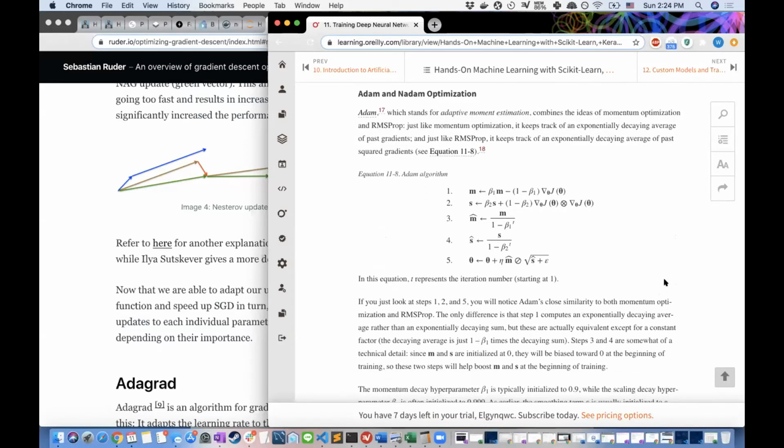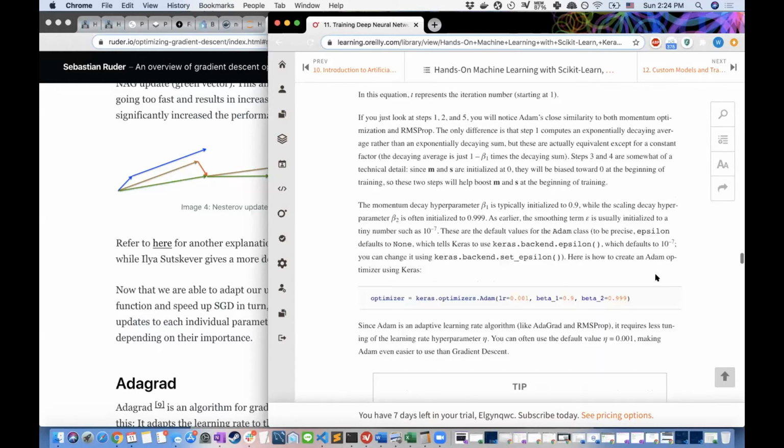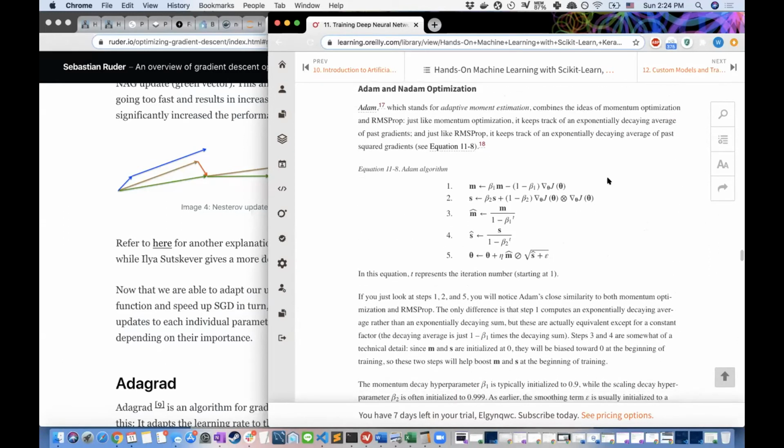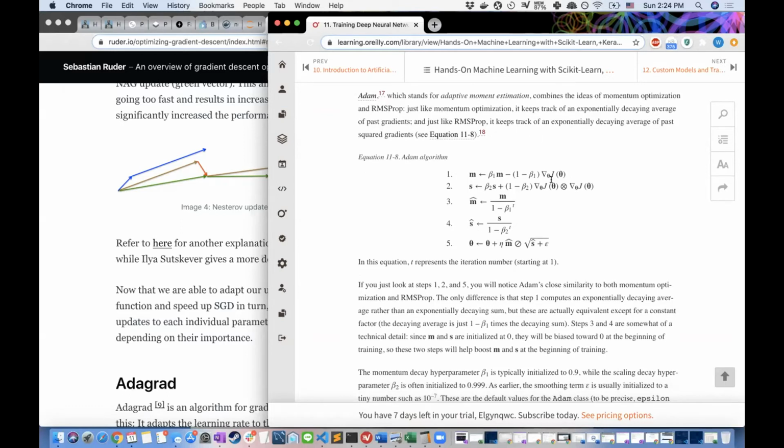Okay, Adam. Adam, which stands for adaptive momentum estimation, and I believe this came out in 2014. It combines the idea of momentum optimization and RMS Prop. Just like momentum optimization, it keeps track of an exponentially decaying average of the past gradients. And just like RMS Prop, it keeps track of an exponentially decaying average of the past squared gradients.